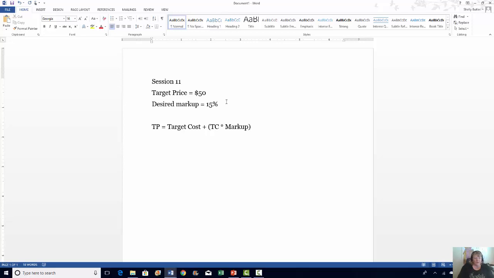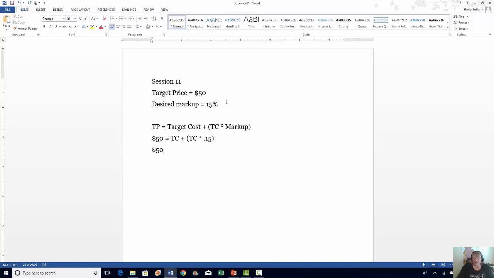This is your equation. Our target price was $50, and our target cost plus our target cost multiplied by 0.15, which is also 15%.